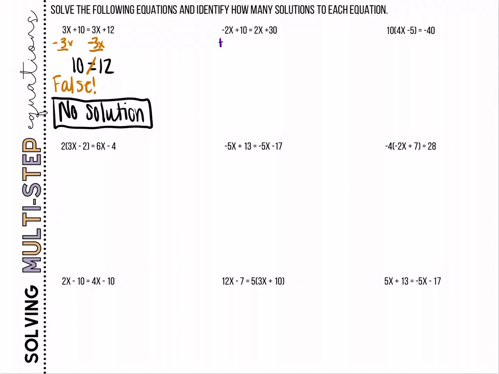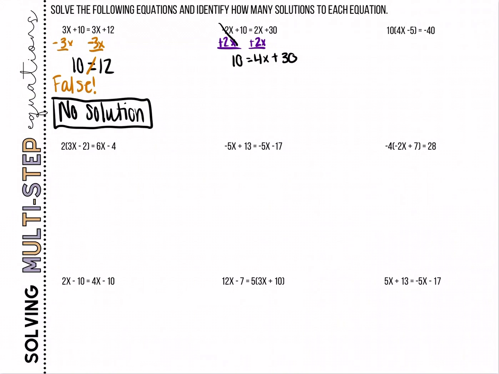I'm going to add 2x because I have negative 2x right here. So I'm going to do the opposite, and add 2x on both sides. Then negative 2x plus 2x cancels. So I'm left with 10 equals 4x plus 30.